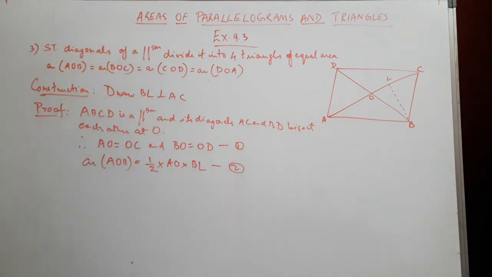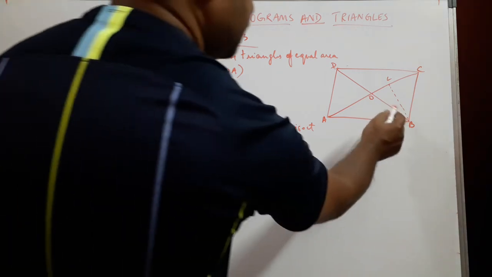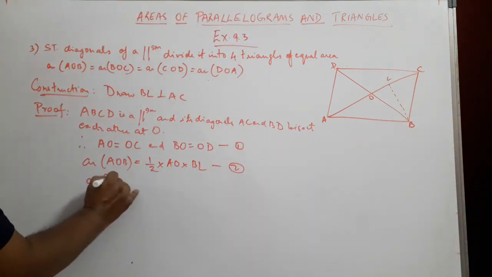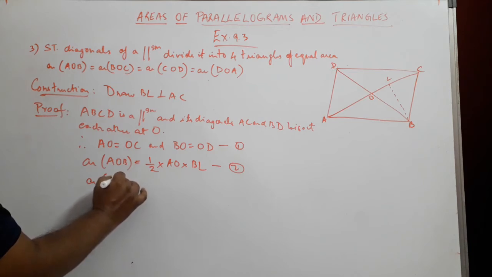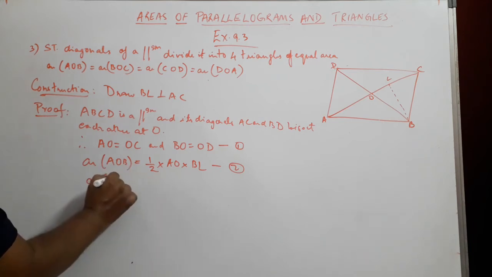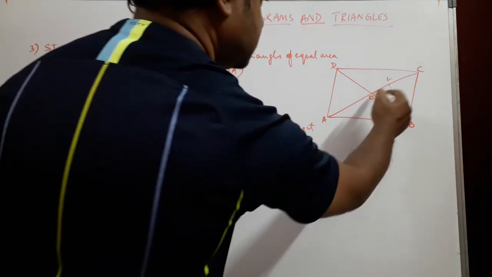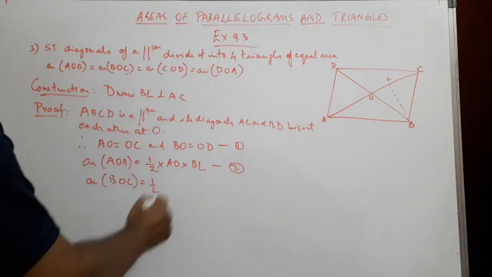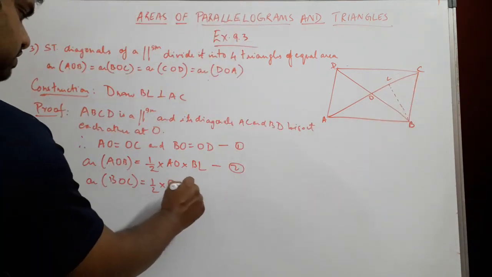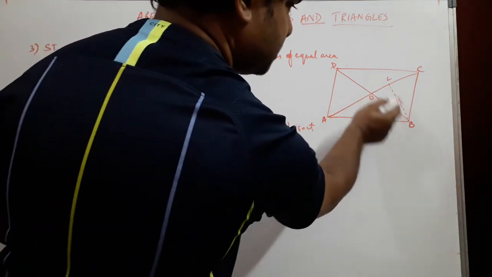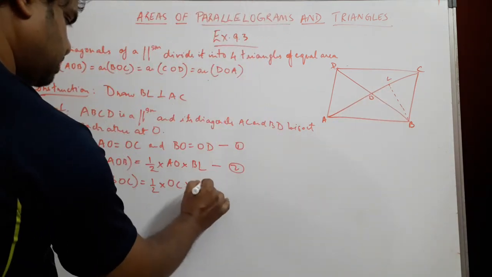And we'll also take area of triangle BOC. So area of triangle BOC is half base. Base is what? Base is this OC, half into OC, into the height, which will be this perpendicular BL.